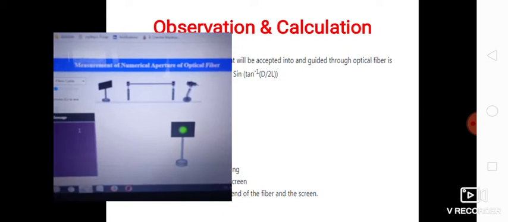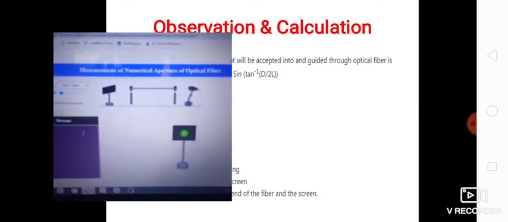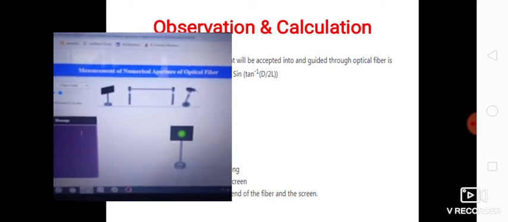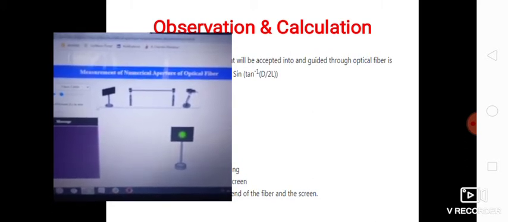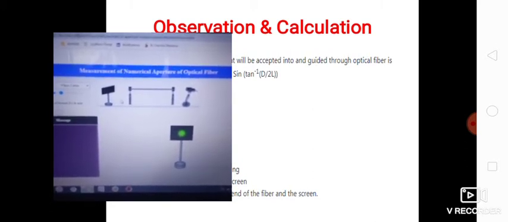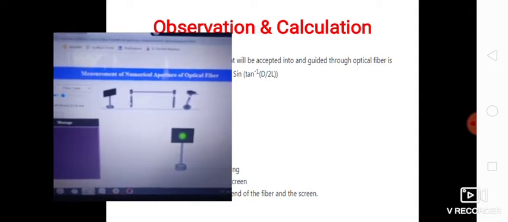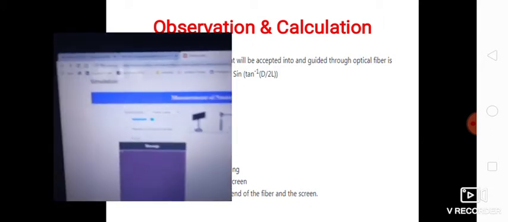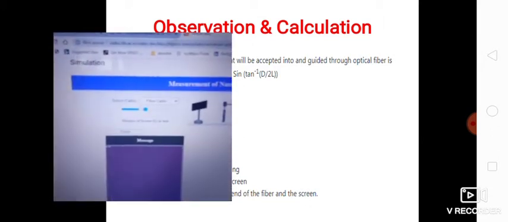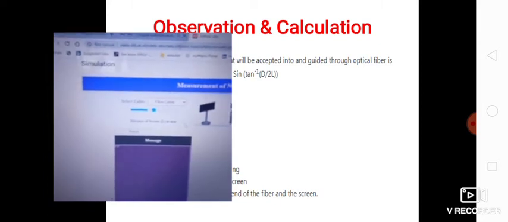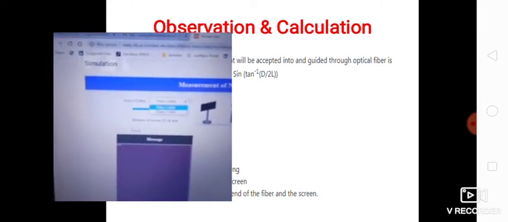Now you can see my setup is running, and a green color circle is coming. That is nothing but a spot, and our aim is to measure the distance between the fiber and the screen, and the diameter of this circle. So two things we are going to measure here. You have two options to select the fiber: fiber cable and glass fiber.